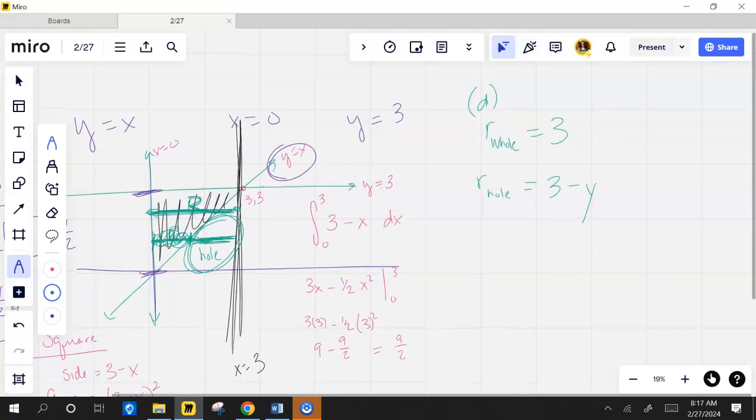So then it says the volume, so I need the area of each one. The area of the entire thing is going to be 9 pi. Right? Pi r squared. And the area of the whole is going to be pi (3 minus y) squared.